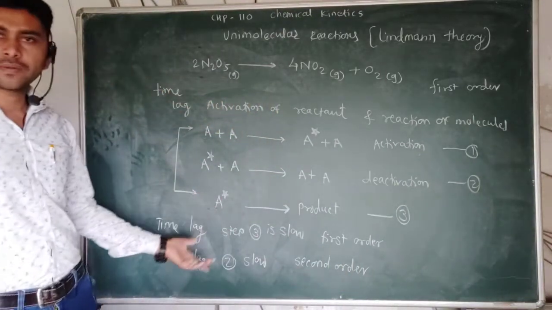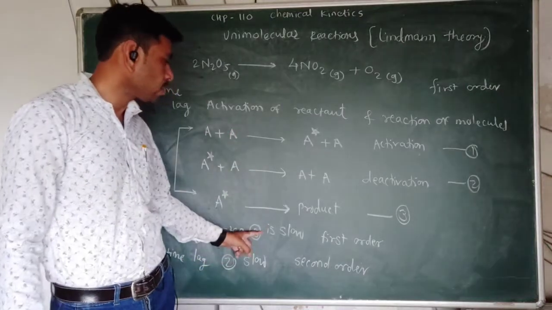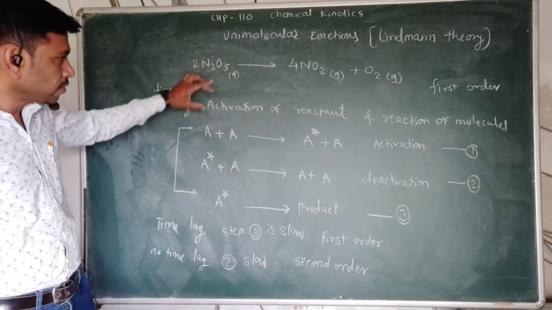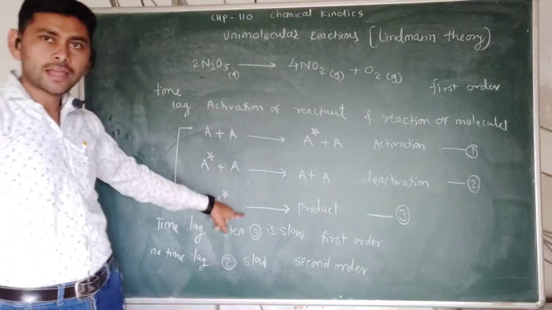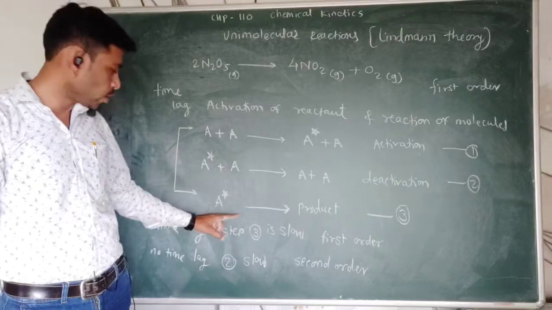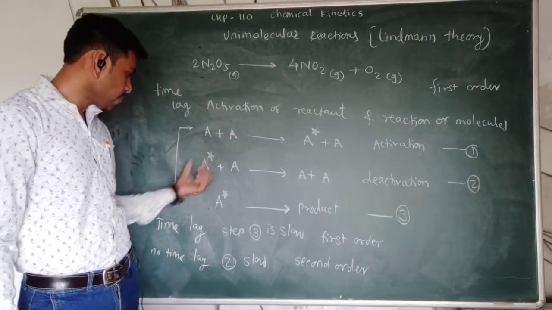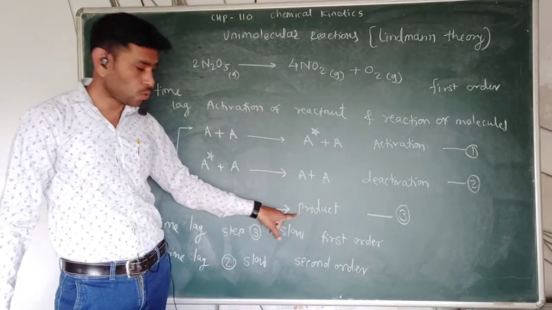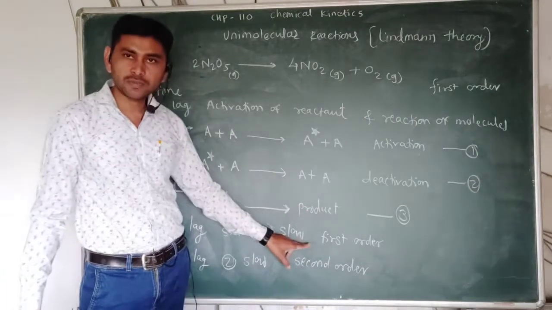The reaction is first order only when step 3 is slow. There is a time lag between the activation of the molecule and actual reaction of the molecule. So here activation is there, and after some time it reacts to form the product. So this step is slow, and if this step is slow, the reaction is first order.